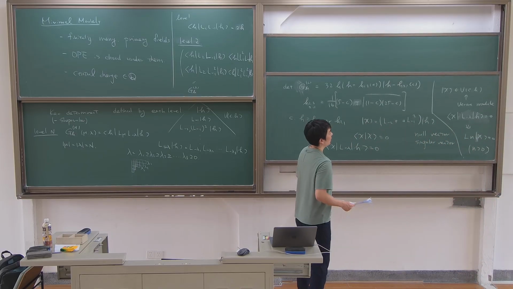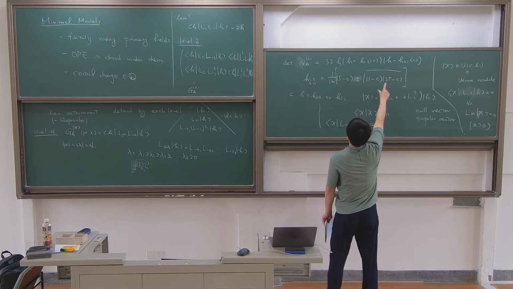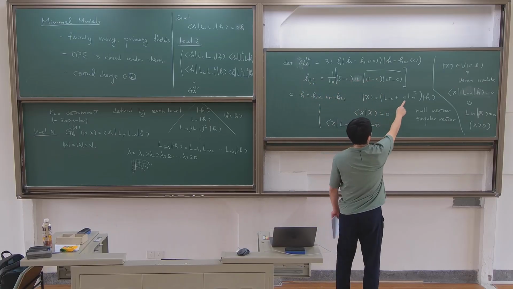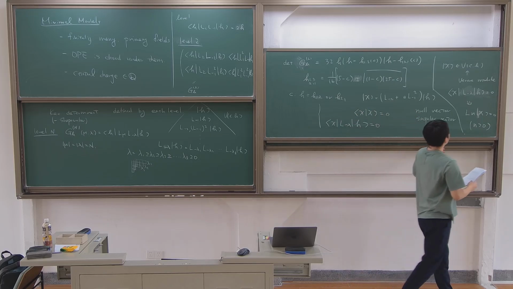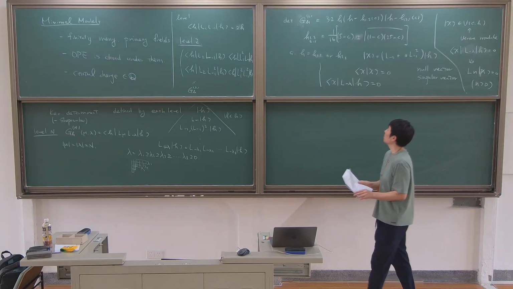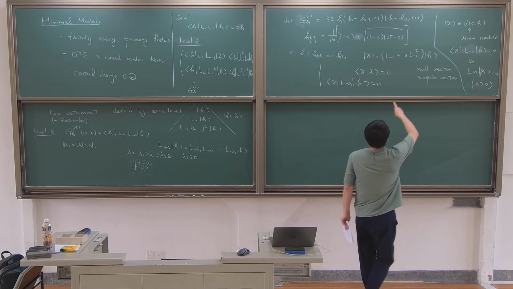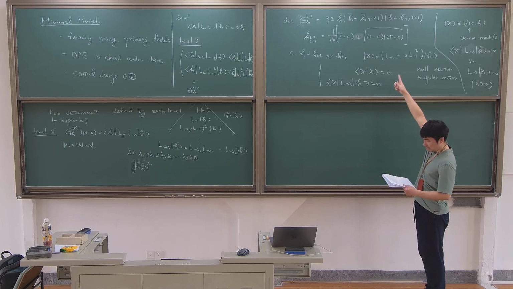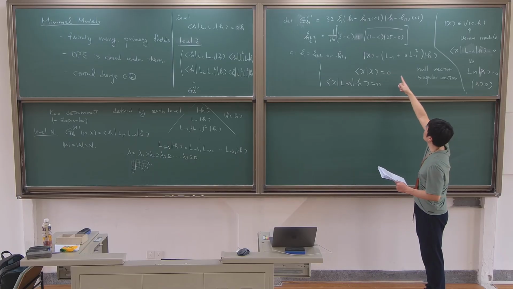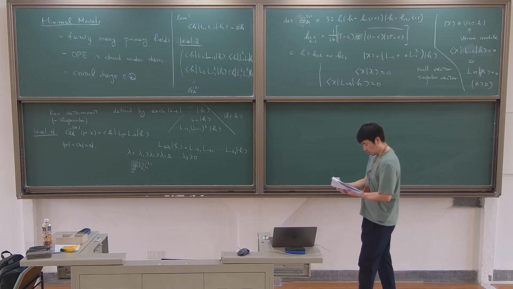So let me derive why. When this central charge is whole, one can construct such a state. Let me show you how to derive that. At level 2, any state can be written as a linear combination of L_{-2} and L_{-1} squared acting on |h>.